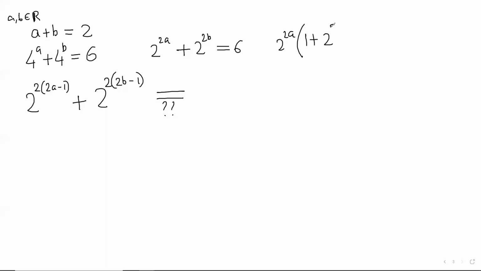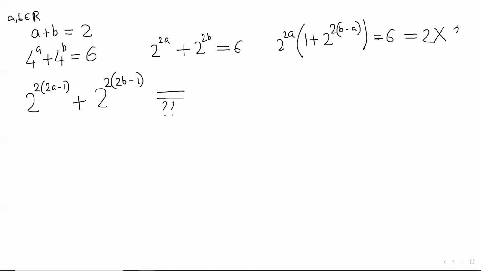So 1 plus 2 raised to b minus a. Right, b minus a. Now this is 2 into 3. Why is this 2 into 3? Because 6 is 2 into 3. Okay, 6 is 2 into 3, so what?